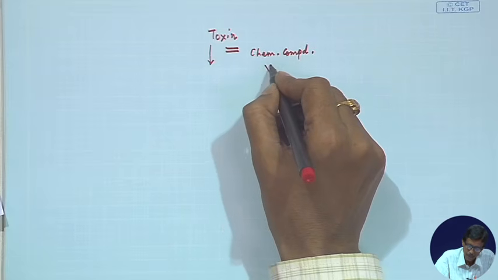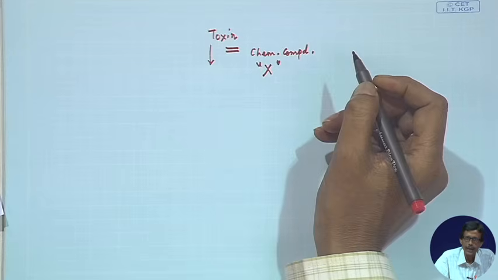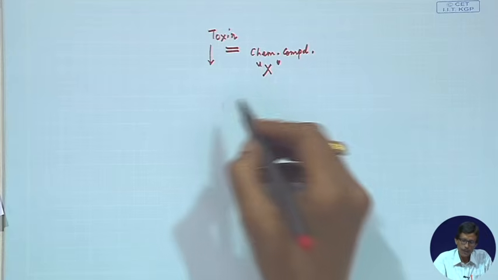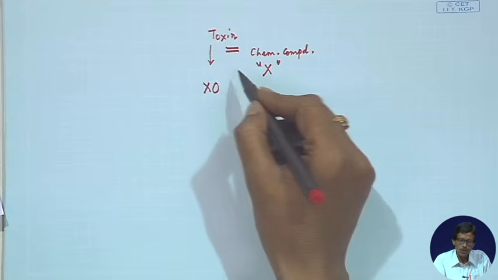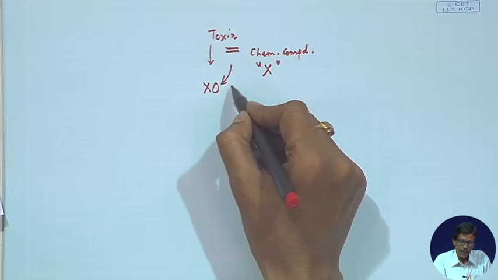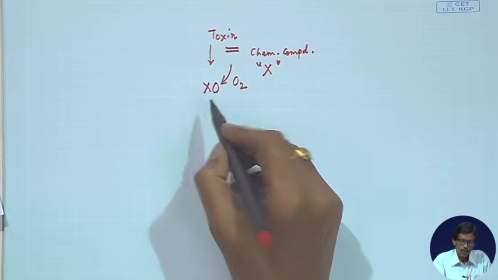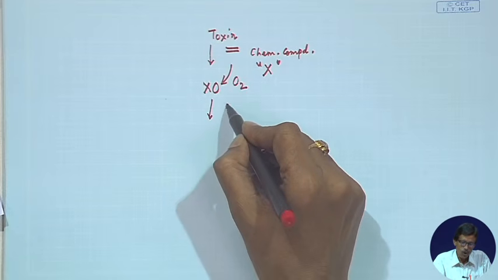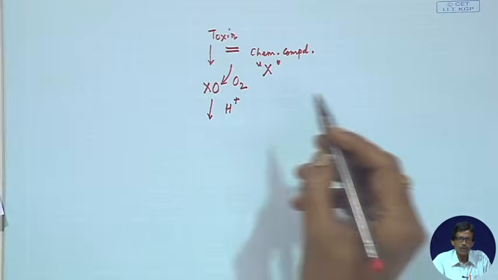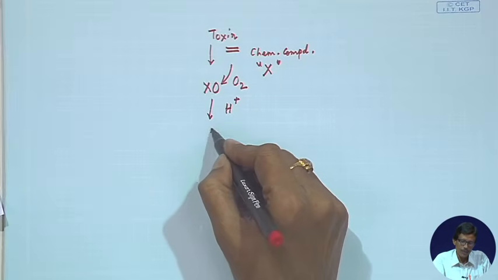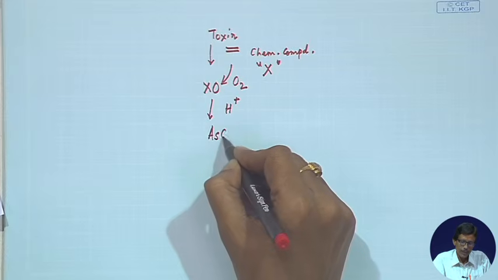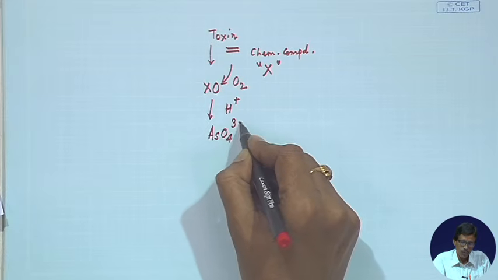If it is some element based, the element X is arsenic here. We make some oxide, because we are heating in air, so O2 is there. We all know that if the oxide is dissolved in acid, the corresponding oxo acids form, so we will have some AsO4 3 minus.